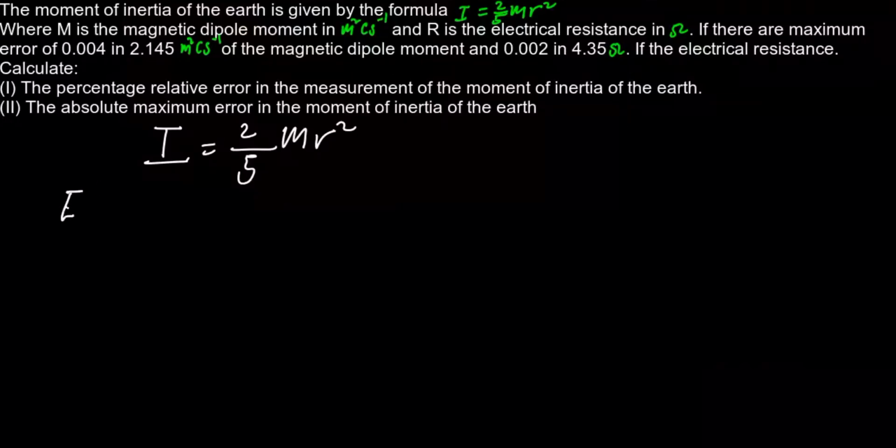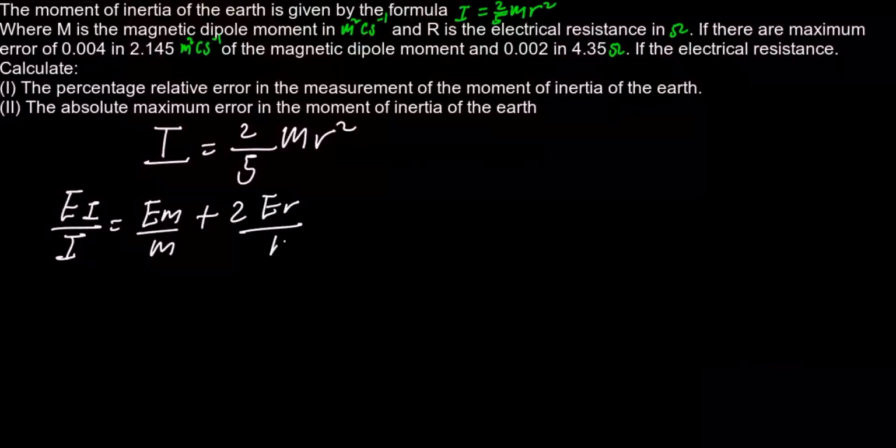Now, let us write the maximum error for I. Remember, since this formula is multiplication, the maximum error in I over I equals maximum error in M over M plus, bring the power down, 2 times maximum error in R over R. Now what's the maximum error in M? Magnetic dipole moment, this is it.